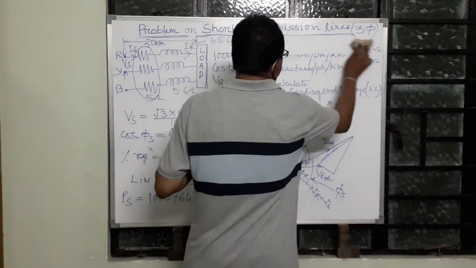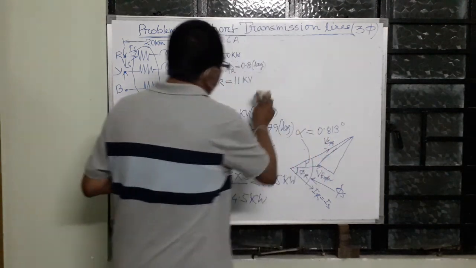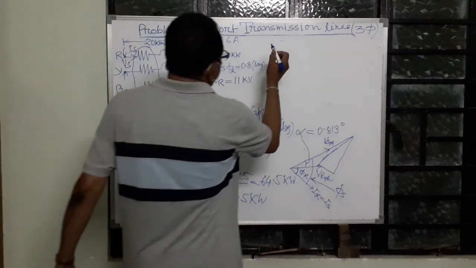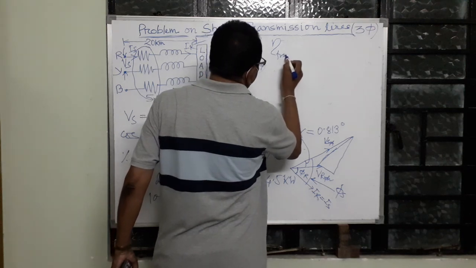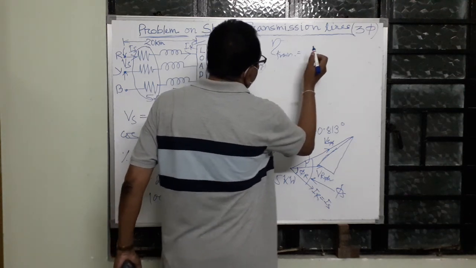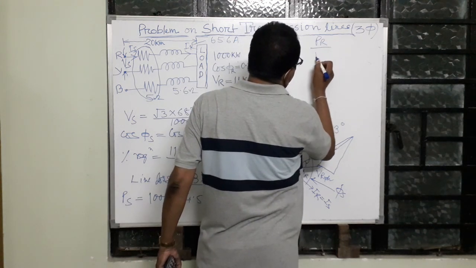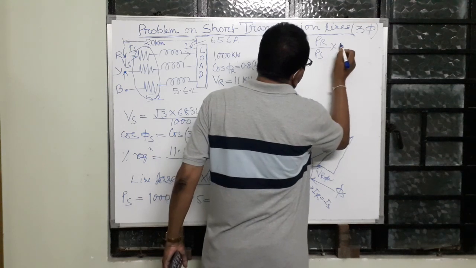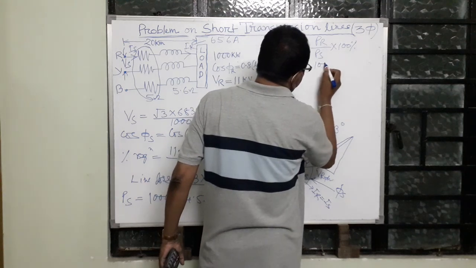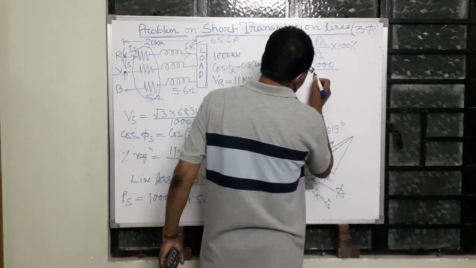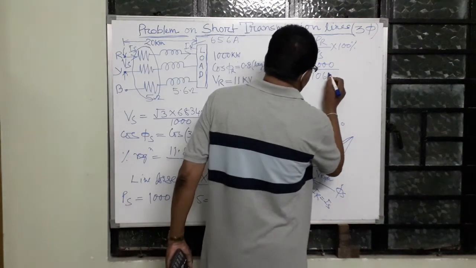So transmission efficiency, eta, is the abbreviation, eta transmission, is equal to PR by PS into 100%. PR is 1000 kilowatt, divided by 1064.5, multiplied by 100 percent.